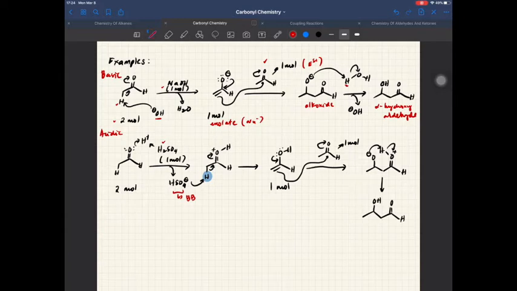So what is formed after abstraction of the alpha hydrogen is 1 mole of an enol, which acts as our nucleophile, and the remaining unenolized acetaldehyde, this one, will serve as an electrophile to be reacted by your nucleophile.